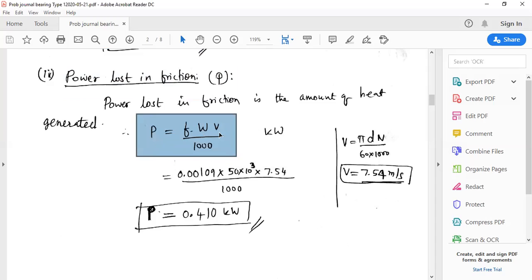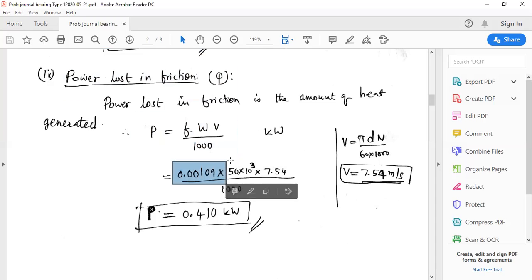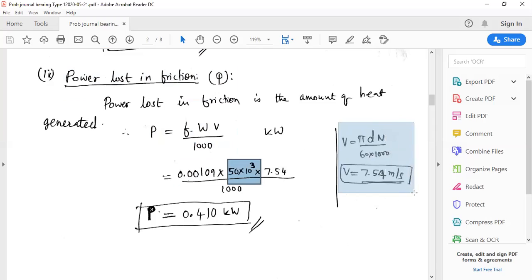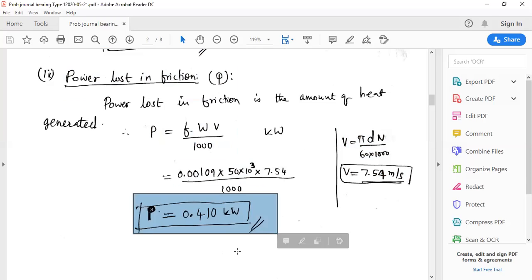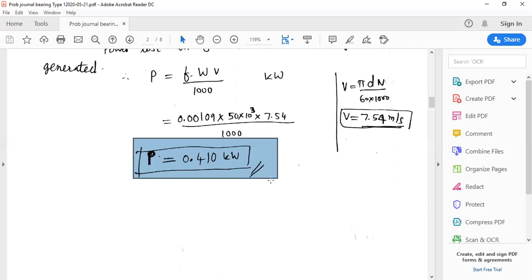So F W into V, where F is the coefficient of friction, W is the load acting on the bearing, that is 50 into 10 raised to 3 newtons, and the velocity, calculated as pi D N by 60 into 1000, is 7.54 meter per second. So the value of P is 0.410 kilowatts. This is the value of power lost. So this is one kind of problem.